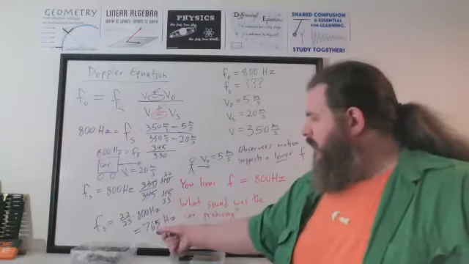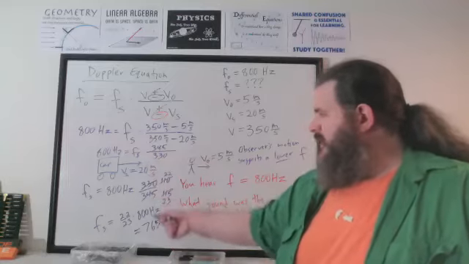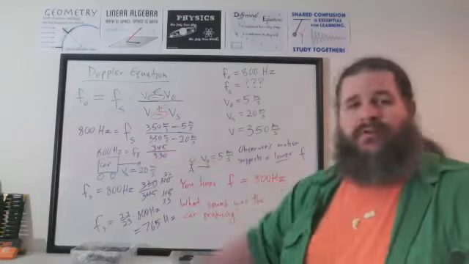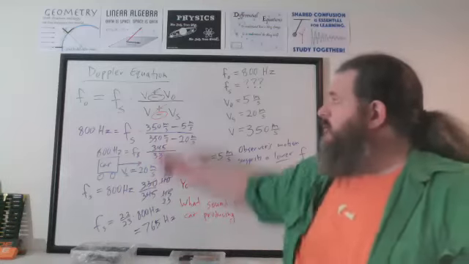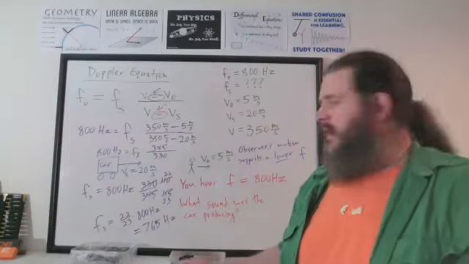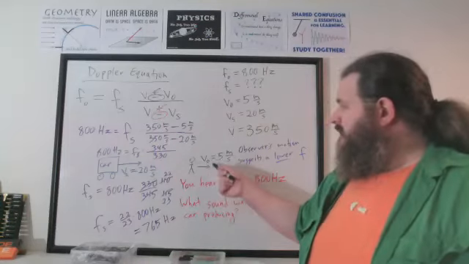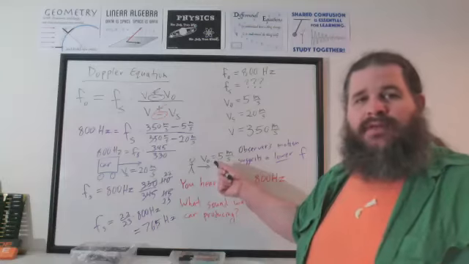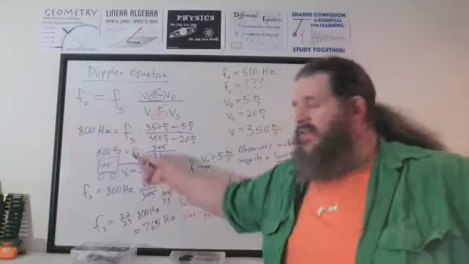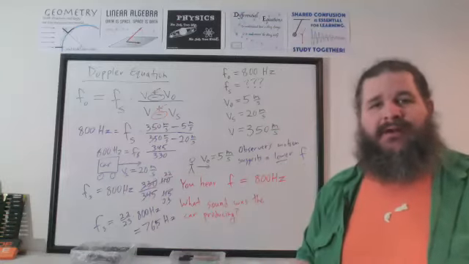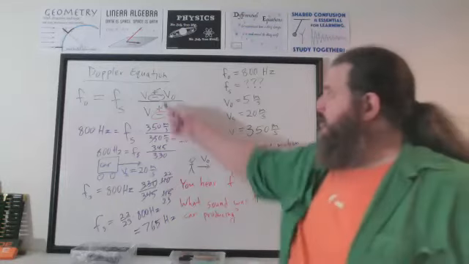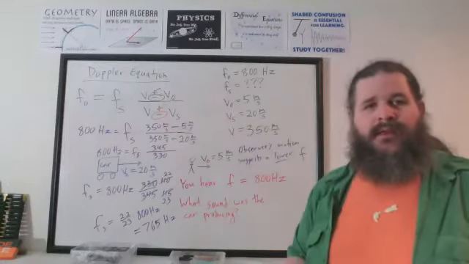We found from the overall result that the sound heard by the observer is higher than the sound produced by the source. But in terms of setting up the equation, I would look at it one piece at a time. If the observer is moving away, if that was the only thing happening, would that cause a higher or lower effect? And the car is moving towards the observer, if that was the only thing happening, would that create a higher or lower frequency? So look at each motion individually to choose the pluses or minuses, and then work from there.